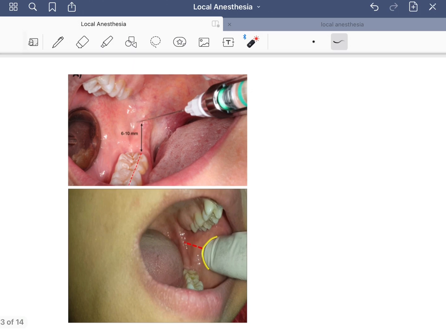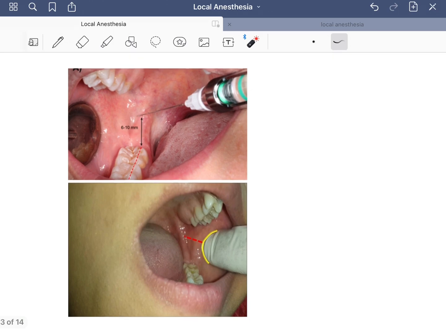We can summarize this technique by these points. First, the site. You can easily determine the site of injection by two lines. The horizontal line, which extends from your fingertip to the deepest part of the coronoid notch.